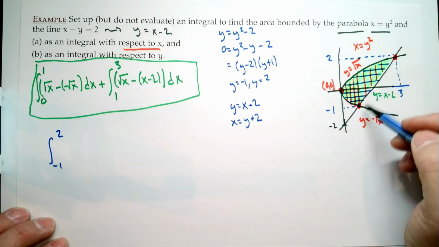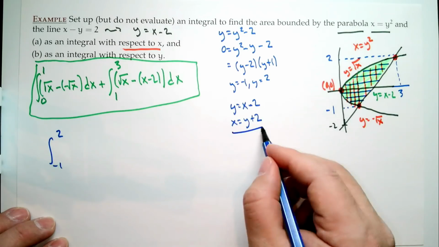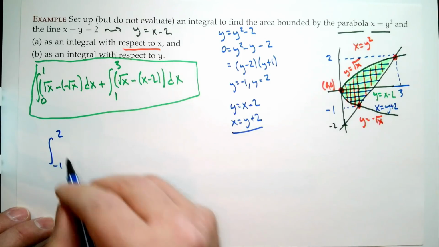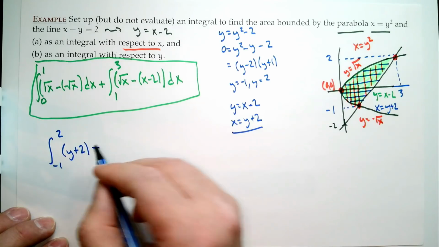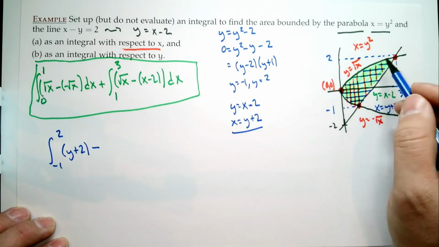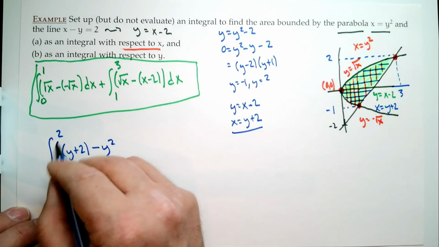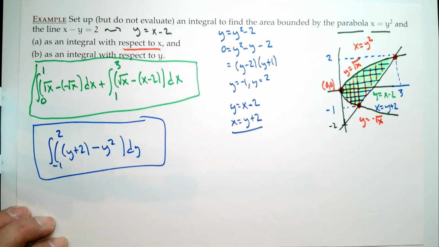So the larger value, that's the right-hand side. I need to write that in terms of x equals, well, I already have, it's x equals y plus 2. So I'm going to go right, y plus 2, subtract the left-hand side, and that's x equals y squared, dy. And that's part B.